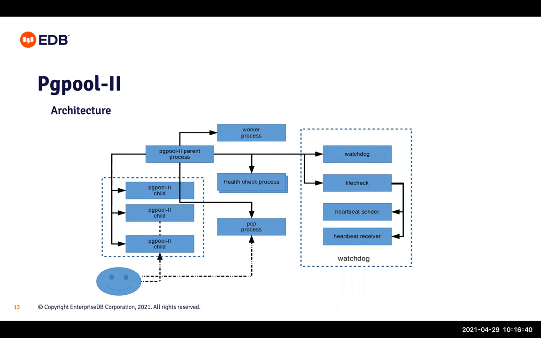And there is a worker process for detecting any replication delays. And if you are using pgpool in high availability mode, or you are running multiple instances of pgpool, you can use the watchdog feature of pgpool to check the health of the pgpool nodes and provide a failover capability using the watchdog.